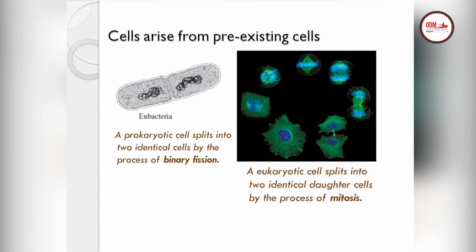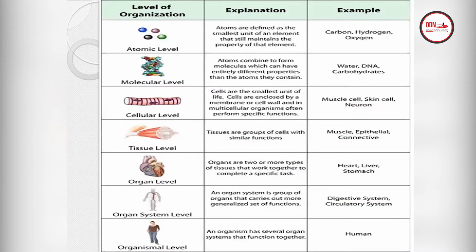Another type of cell is also present called germ cells, which help in reproduction, but they undergo meiosis, which helps in sexual reproduction. From this we can conclude that cells arise from pre-existing cells. They have come from no other source, rather they have come from pre-existing cells.